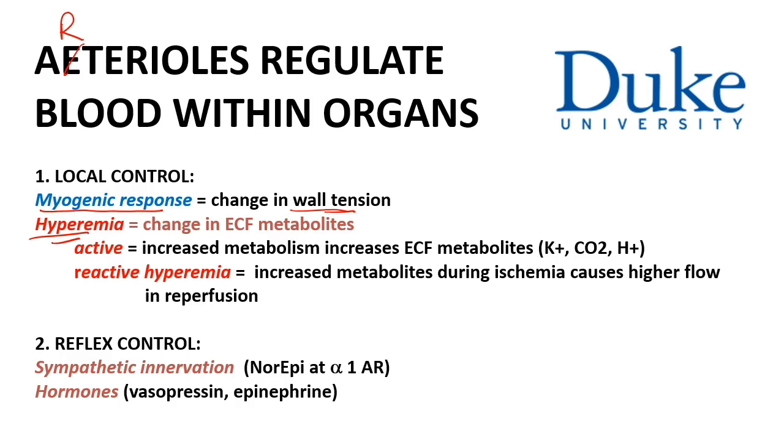In addition, you can have an increase in protons within that area, or potassium within that area. These metabolites cause an active hyperemia where the local arteriole will dilate. This causes the smooth muscle in the walls of those arterioles to relax, and more blood is fed into those very active sites.